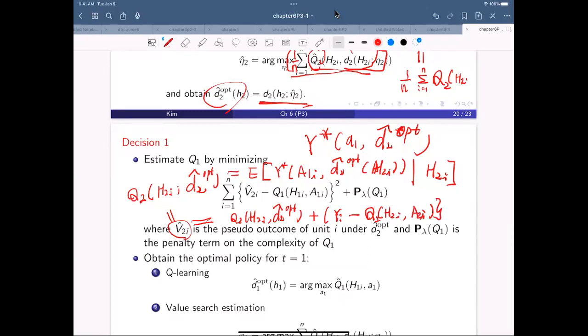This one is the expectation under your optimal choice. But this one is the residual that you realized. If you do that, basically this one reflects the variability.